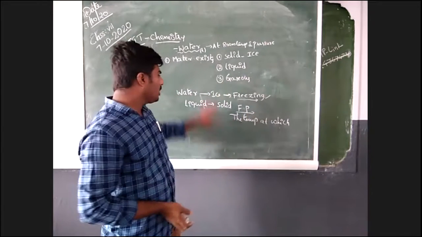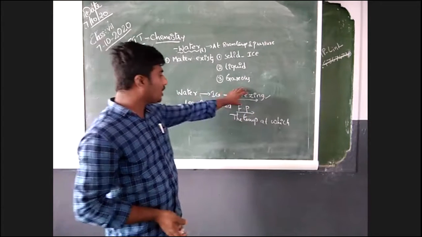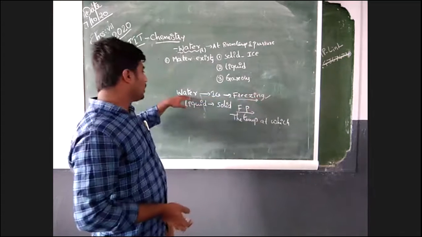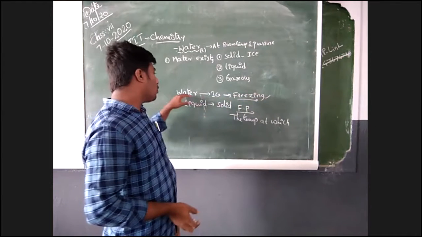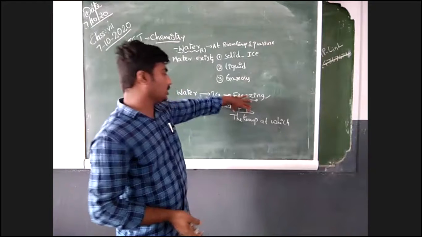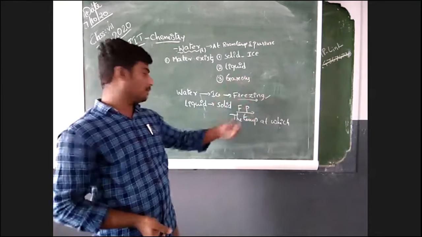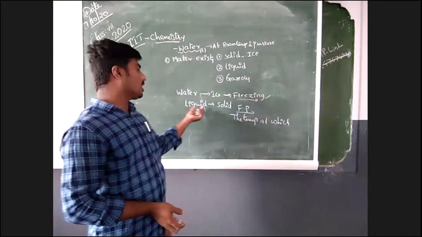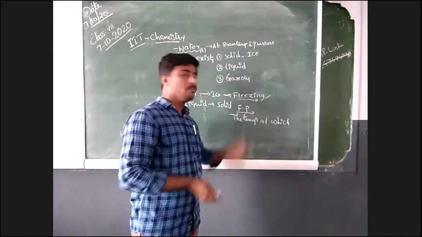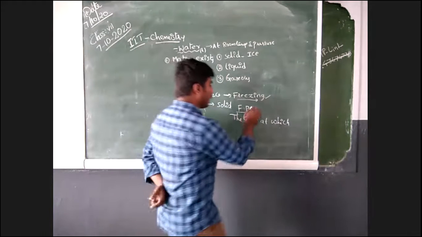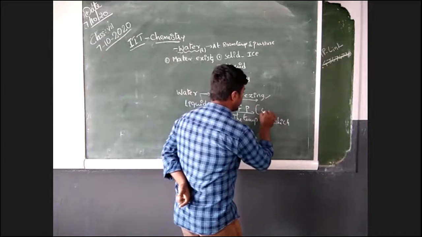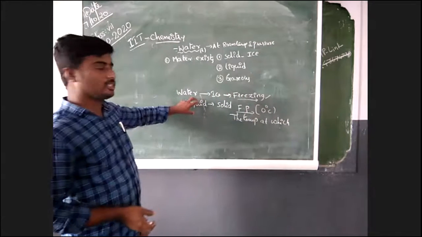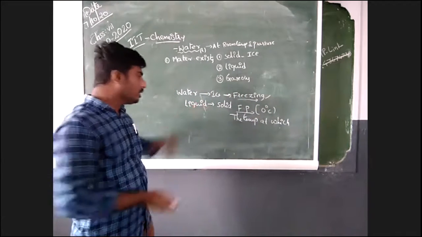Remember, the definition is the same, but freezing is a process, the process of conversion of liquid to solid, water to ice. Freezing point refers to the temperature at which liquid is converted into solid. At what temperature? 0 degree centigrade. Our normal temperature is 37 or 30 something.